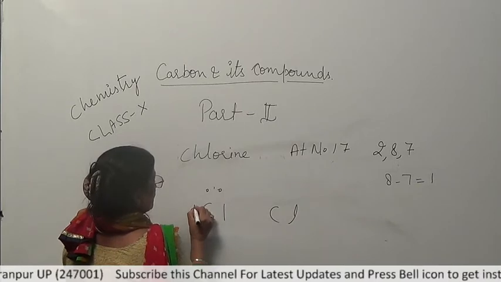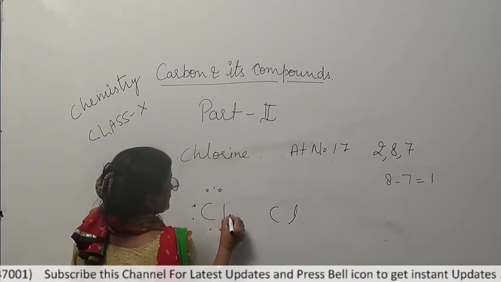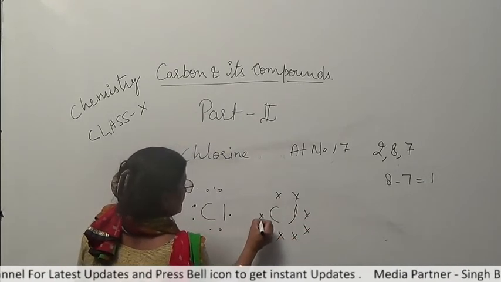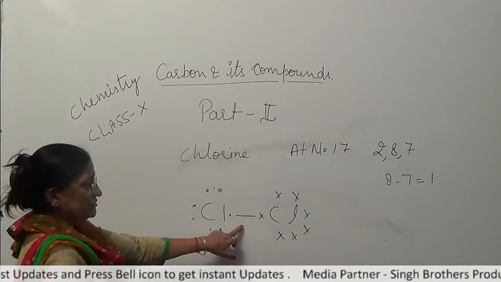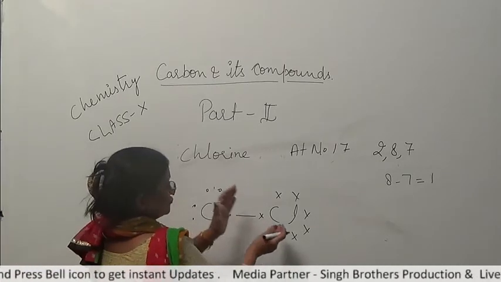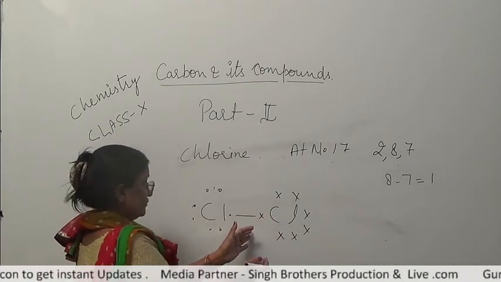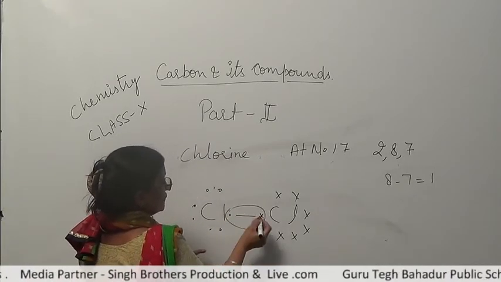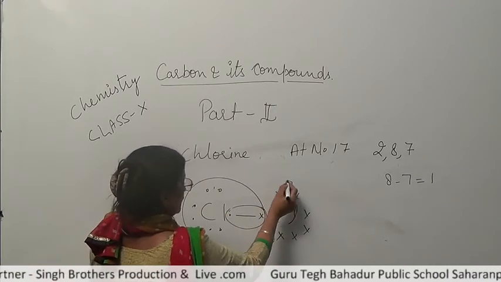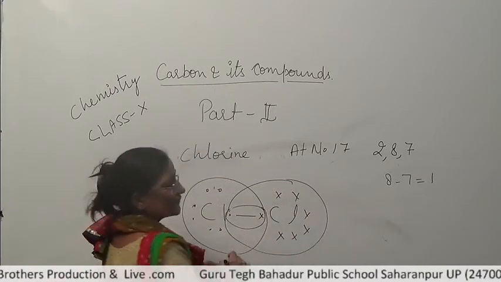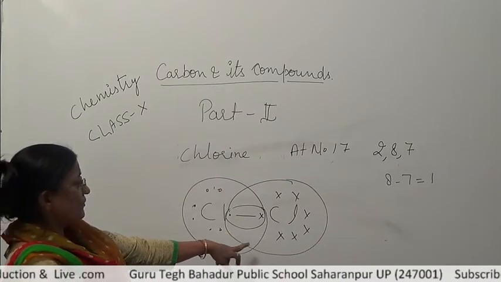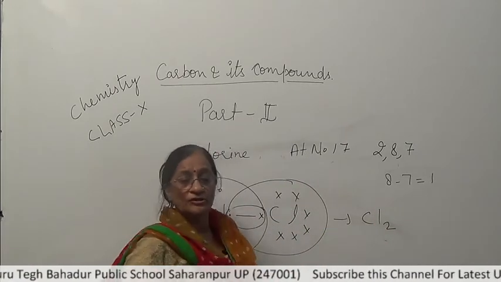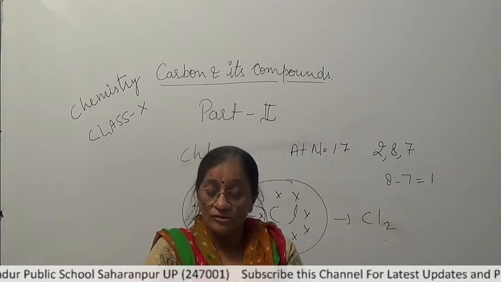Chlorine has 7 electrons in its outermost orbit, and it shares the electrons like that. When two atoms of chlorine unite, they form a single bond. They gain the stable configuration this way, and they form the chlorine molecule.